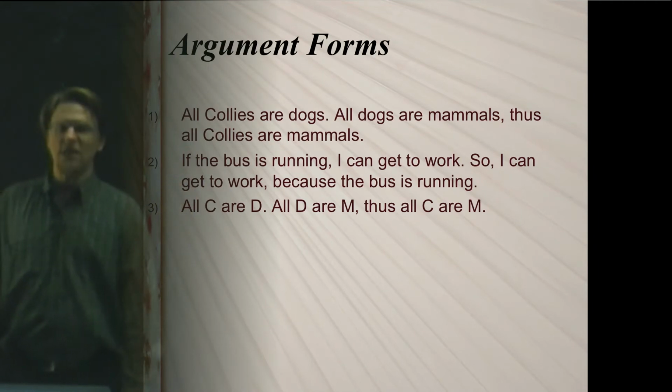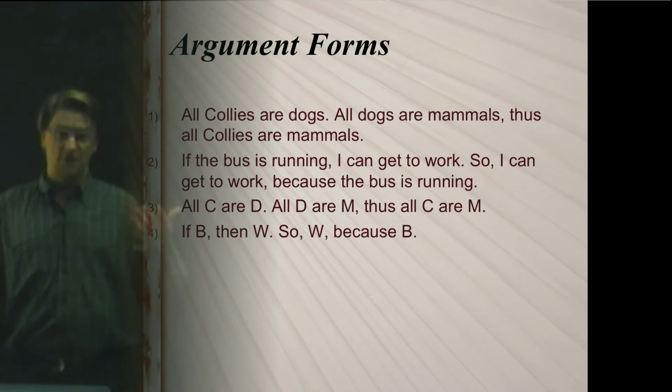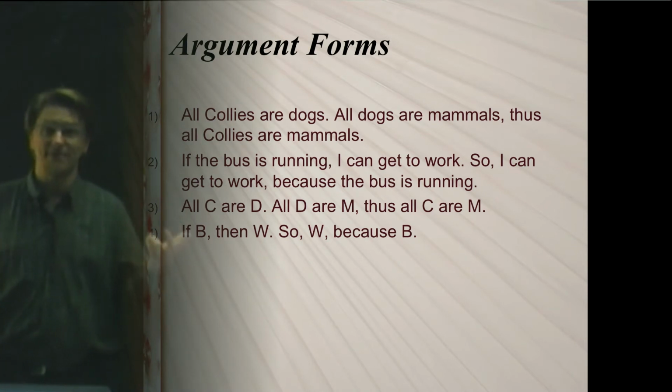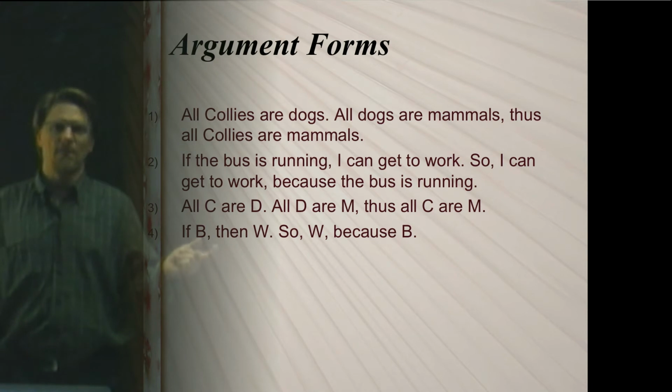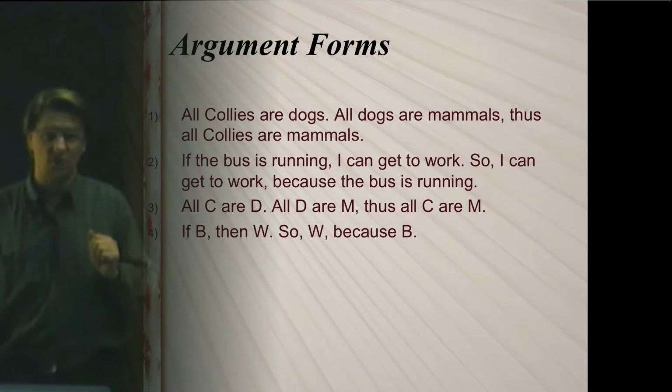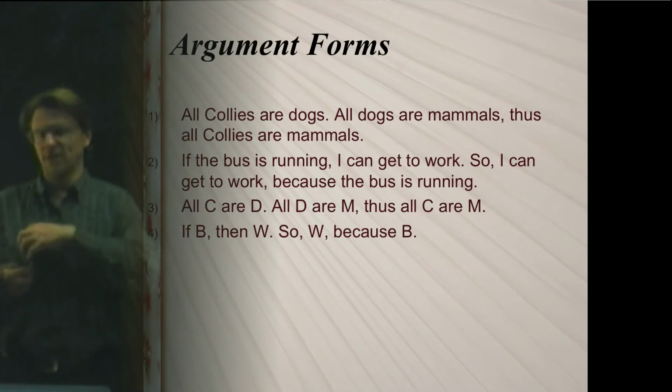Taking the argument form of the second example, you can see it turns out to be: if B, then W. So W because B. Now, since we're dealing with a hypothetical syllogism here, you can hopefully recognize that the B stands for the entire antecedent, right? We introduced that term antecedent before. And then the W stands for the entire consequent, I can get to work, right? Just to remind you of those terms in case you forget them.